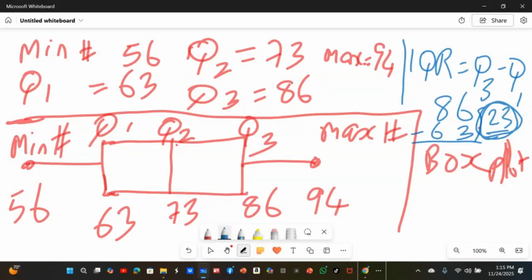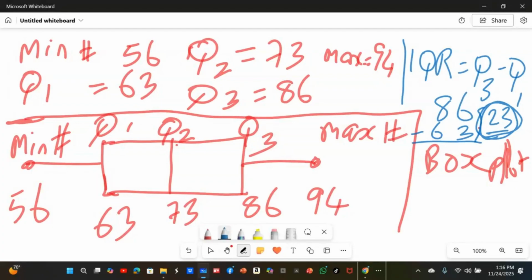Let's repeat Q1. Q1 is the first quartile. The person who scored 63 did better than 25% of the class. The person who scored 73, which is the 50th percentile, did better than 50% of the class.